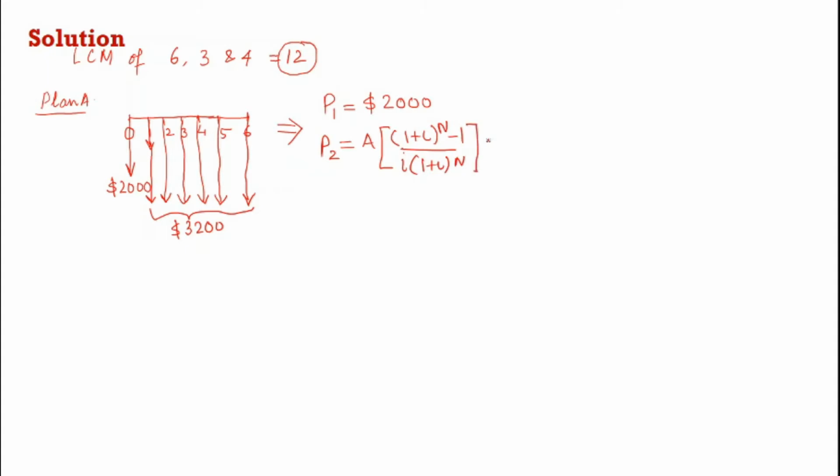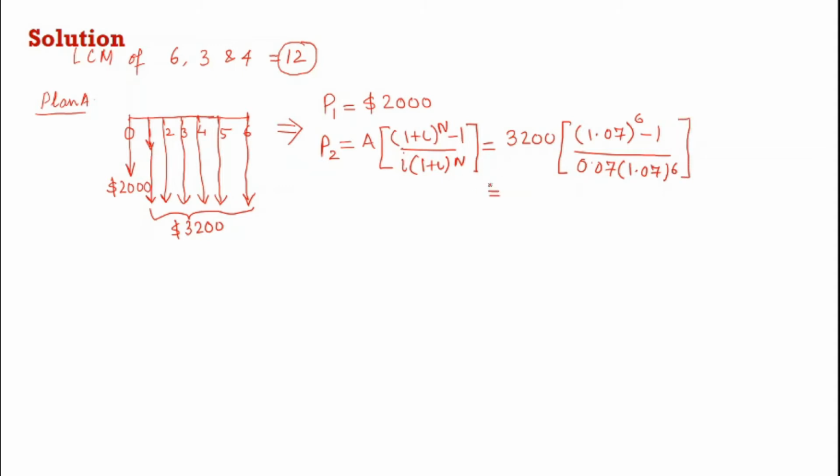So if I write down the numerical values, so A is given as 3200, times 1.07, the interest rate is given as 7%, so it is to the power 6, minus 1, over 0.07 times 1.07 to the power 6.